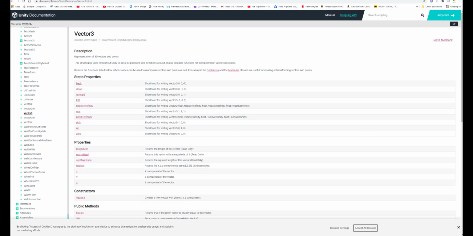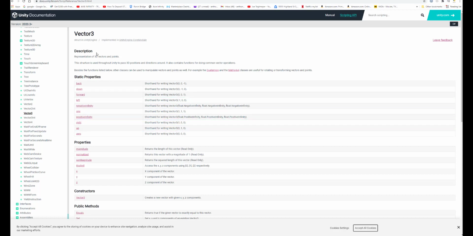This structure is used throughout Unity to pass 3D positions and directions around. It also contains functions for doing common vector operations, and it has back, down, forward, left, right, negative infinity, one, a whole bunch of things.